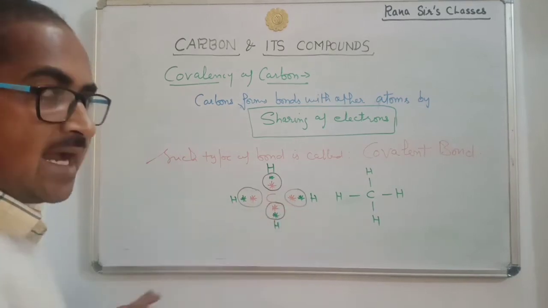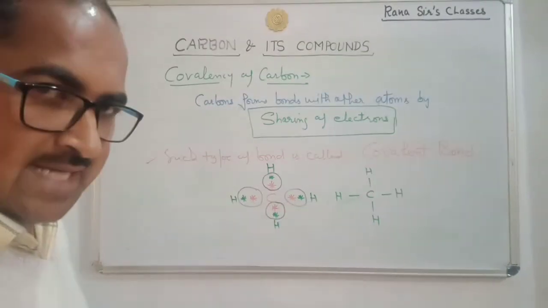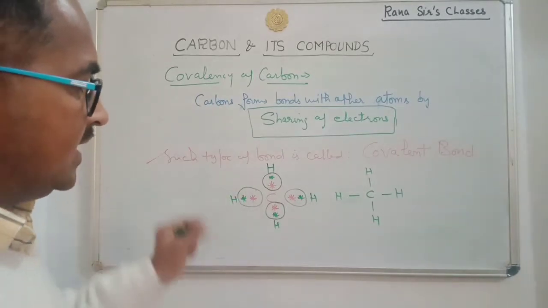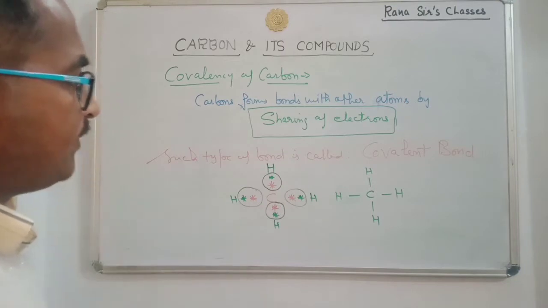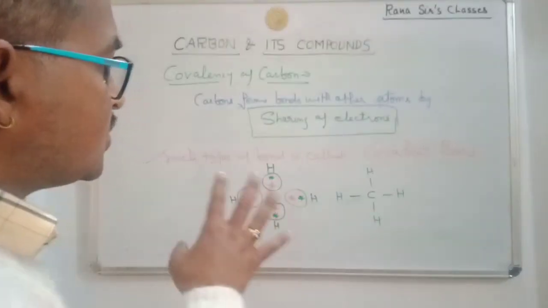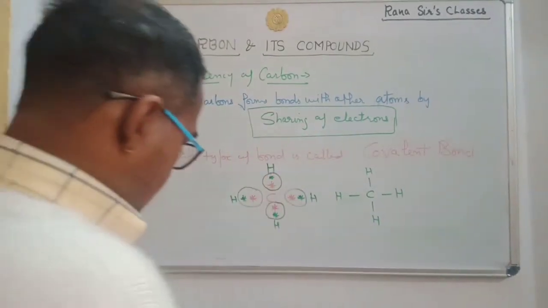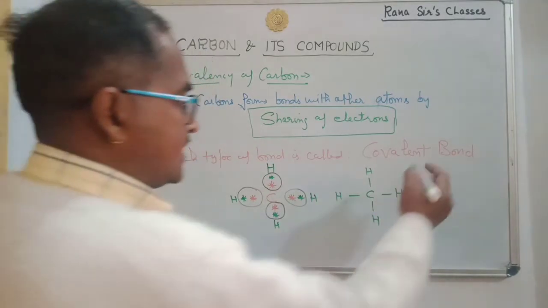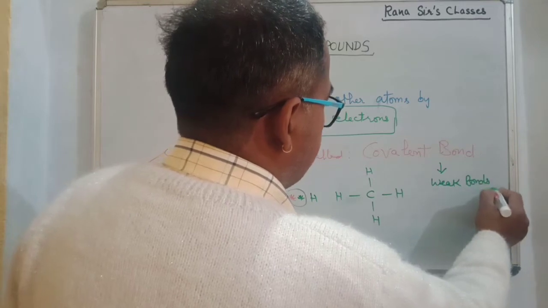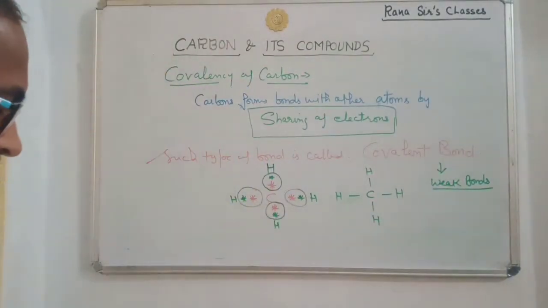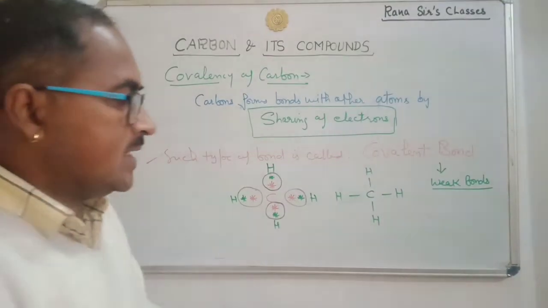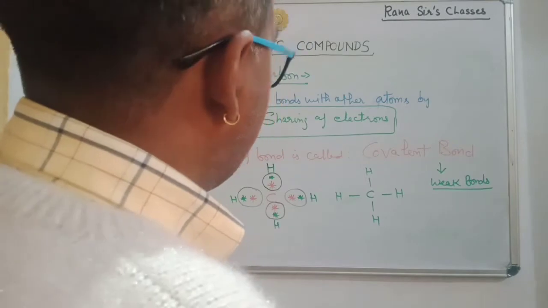So carbon has attained its nearest noble gas configuration by this, and it has been able to fulfill its octet. This process does not require a lot of energy. It takes place easily. So this forms a covalent bond. Covalent bonds are always, remember this, weak bonds. And due to this, carbon forms a number of compounds by reacting with many elements.